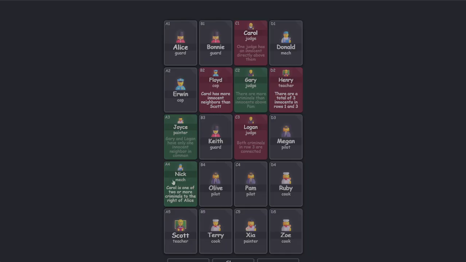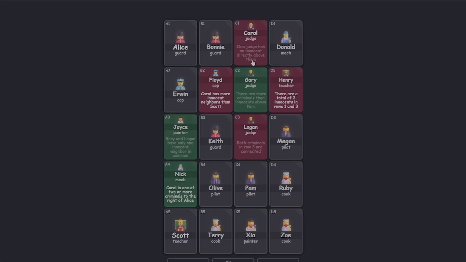criminals. I kind of want to say guilty. Carol is one of 2 or more criminals to the right of Alice. So given all of that, I think Alice has to be a criminal. Because if there's a total of 3 innocents in rows 1 and 3, there's 2 criminals and 2 innocents here. So that's 2. So there can only be 1 innocent in all of row 1.